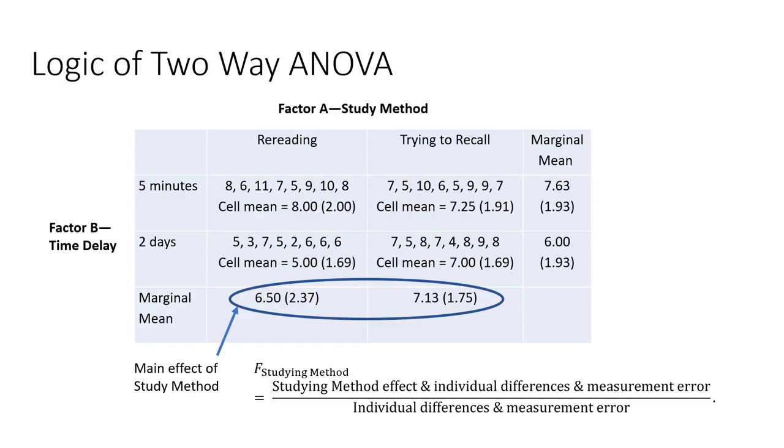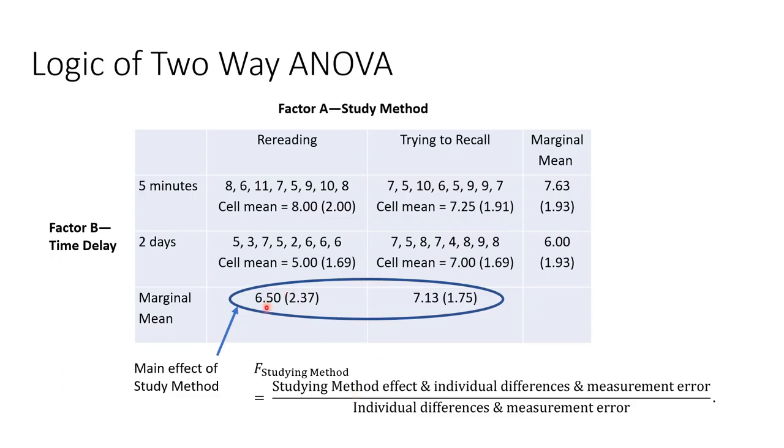Now, this next slide, I'm going to explain specifically what numbers are compared with each effect that's being tested. So here is the conceptual equation for the main effect of study method. As I said in the previous slide, the numerator has in it the amount of variability created by the different studying methods, but it also has individual differences and measurement error in it.